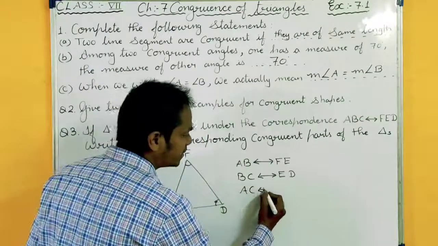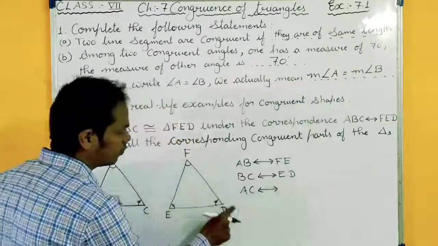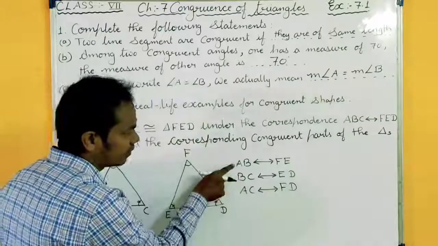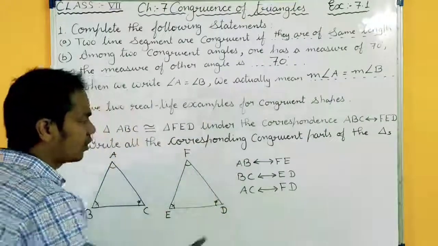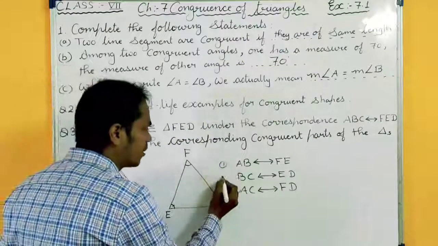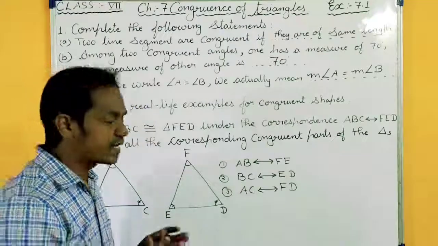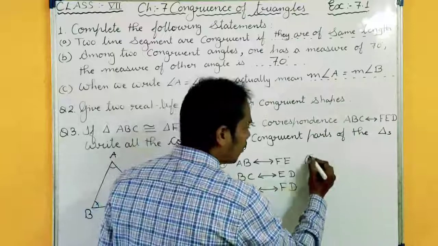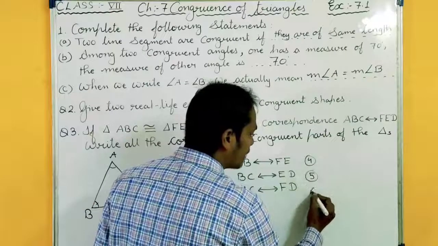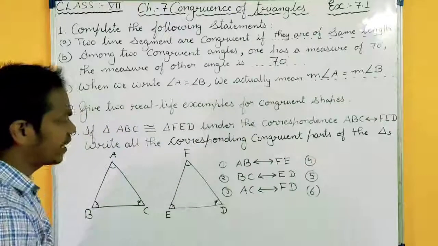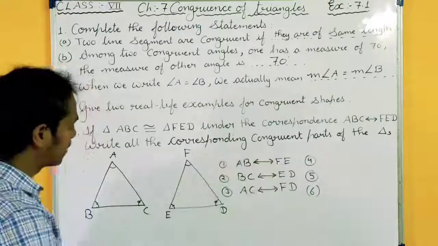You can write in any sequence. You can write this first, this second, and this third. See, first corresponding part, second, third. As I told, you will get a total of 6 corresponding parts. Now fourth, fifth, and sixth parts. These 3 you get from sides, and the next 3 you get from angles.